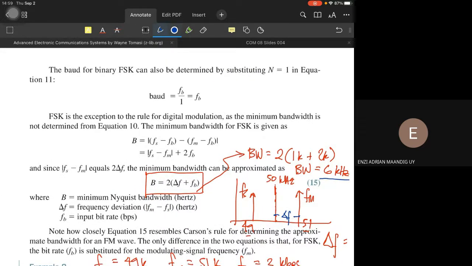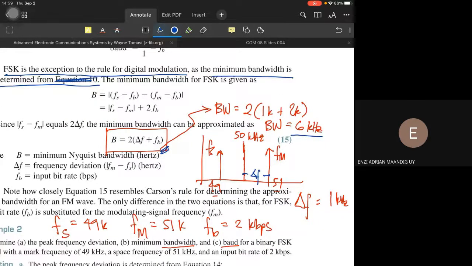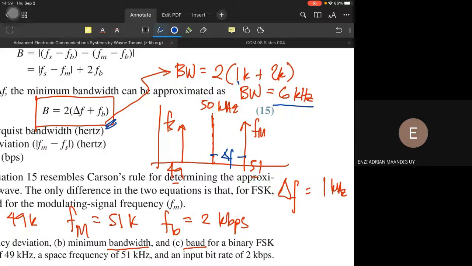FSK is the exception to the rule for digital modulation. The minimum bandwidth is not determined by equation 10, but by this formula. So yeah, this is correct, 6K.